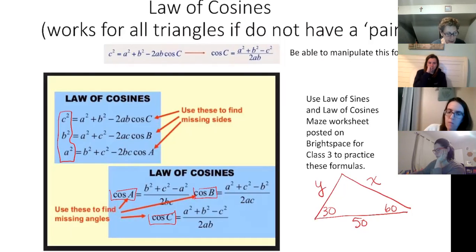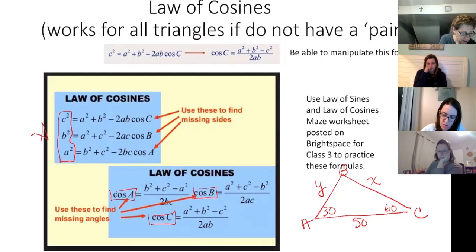Okay, so since I'm going to solve for a missing side, I think I'm going to use my A, B's, and C's just to keep everything straight with this formula. If I'm looking for a missing side, I'm going to use these formulas. Okay, so let's say I'm looking for the missing side A. So A is the x. So to be consistent, I'm going to make that a little baby a. So I'm looking for A.